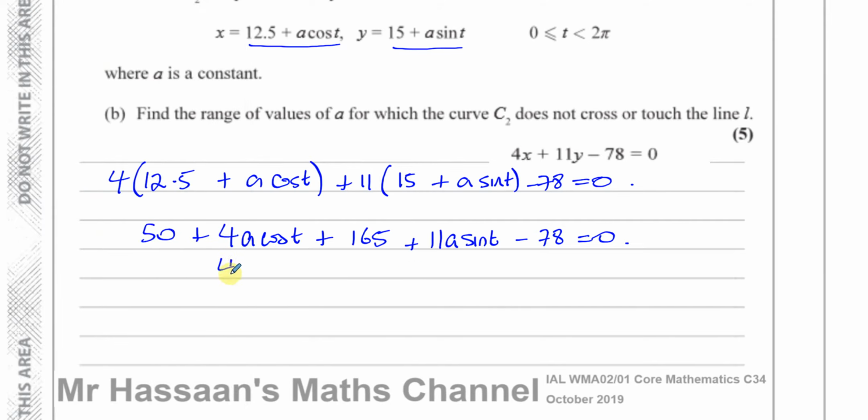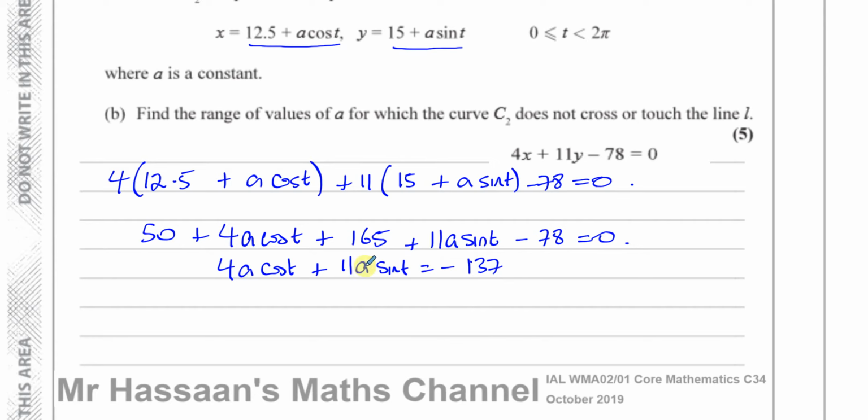So I'll have 4a cosine t plus 11a sine t equals minus 137, because it was a positive 137, and I've subtracted that from both sides to get an equation that looks like this.